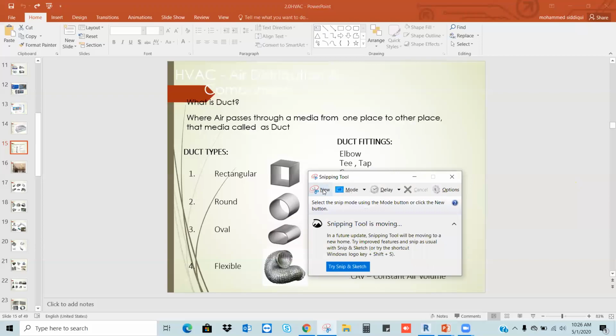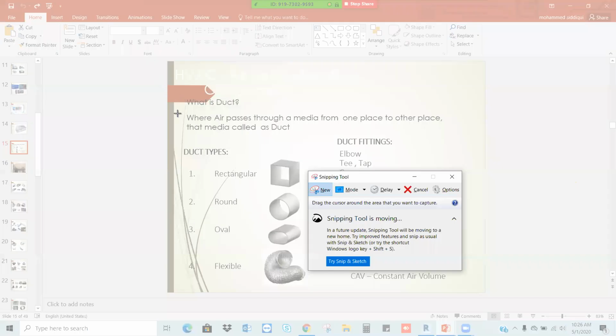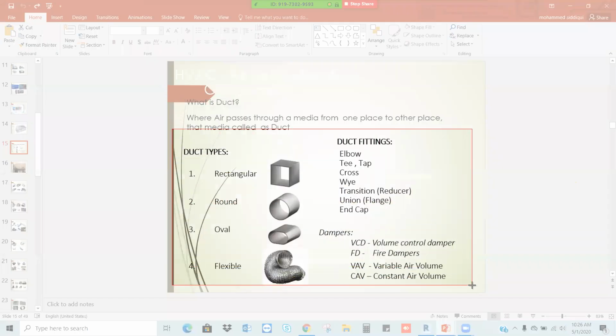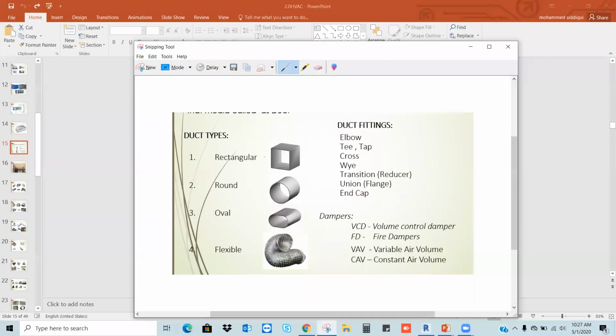Here, if you see this slide, we are using these fittings to distribute the air. Again, according to the shape, we have four kinds of ducts: rectangular duct, round duct, oval duct, and flexible.